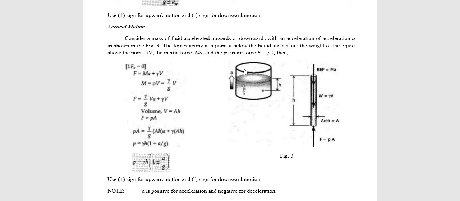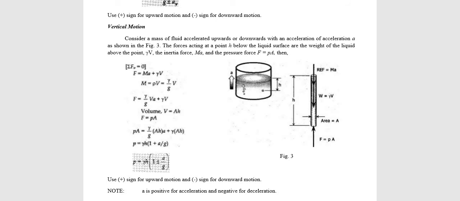So, consider this tank or this vessel. The forces involved here are the weight above the point, this one. Then, the inertia force, which is the mass times acceleration, and the pressure force, which is the pressure times the area.